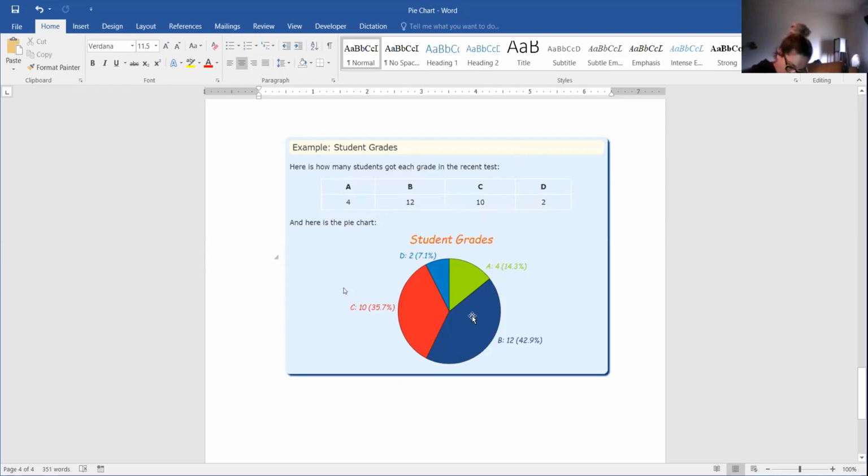They have done this in my training for preparing these wrong. The B's should have been here. The C's should have been the next one around, and then the A's and the D's. But what they did was they started with A, B, C, and D and made that clockwise.